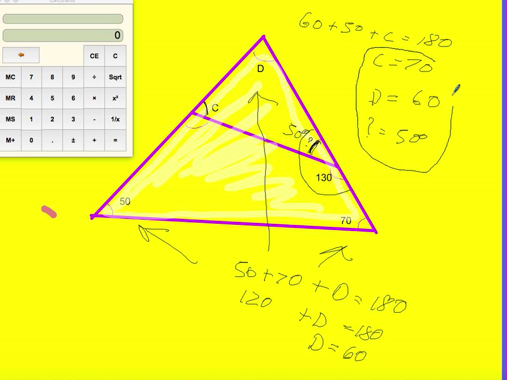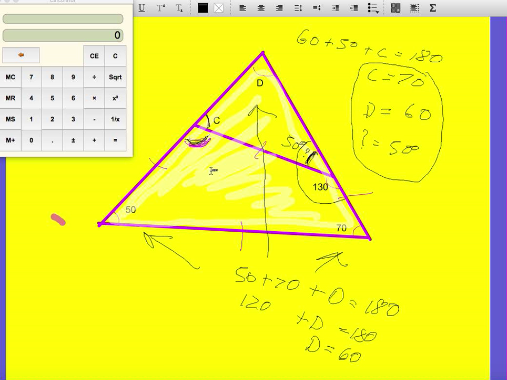There are other ways we could have found this. We have 50, we have 130, and we have 70. We could have found C by looking at this unknown angle, which is relatively easy because we know this is a quadrilateral. It has four sides, and the angles inside a quadrilateral equal 360. Let me write this down. 50 plus C plus 130 plus 70 equals 360.